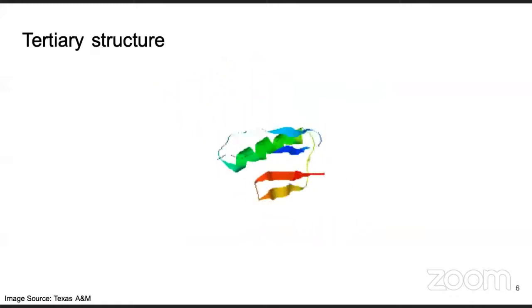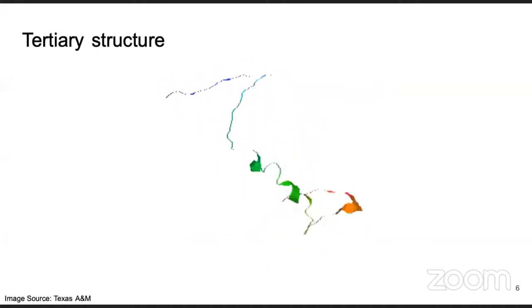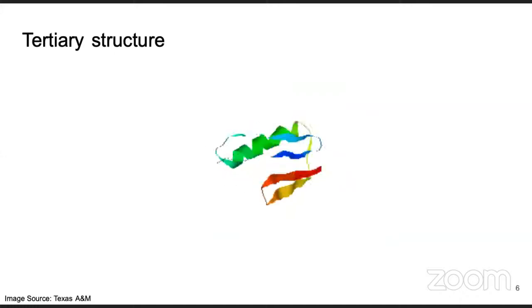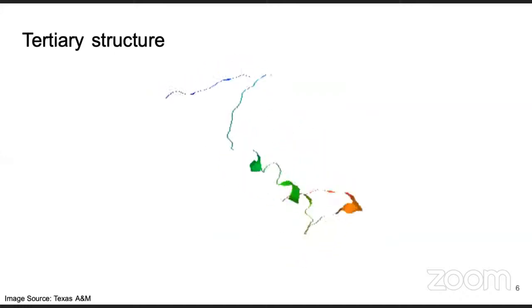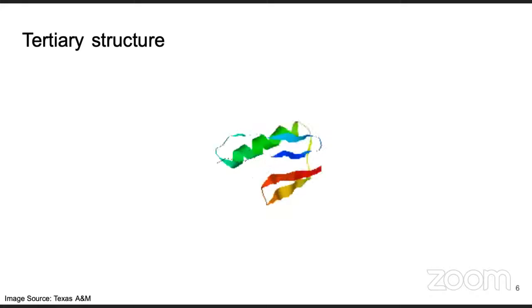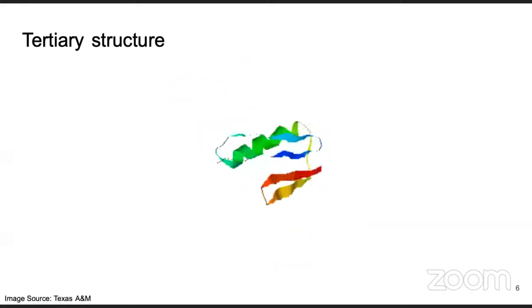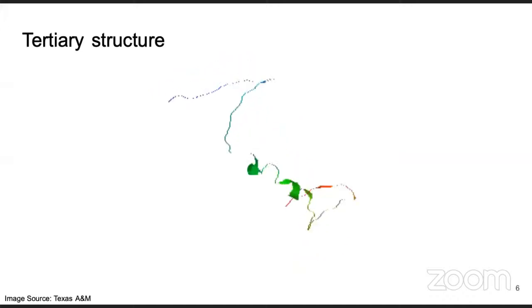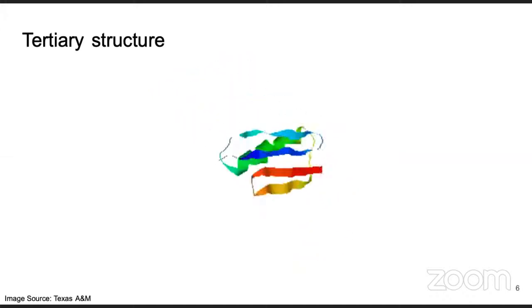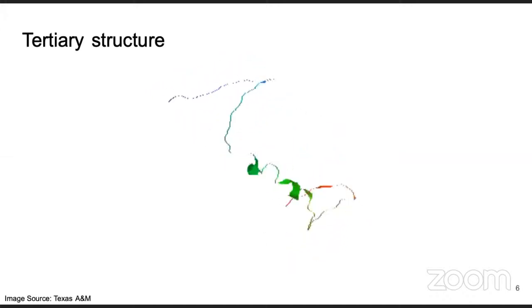It is because it is the final three-dimensional structure that will carry out whatever function is needed from the protein, right? So if the protein is not able to reach its final structure, it will not be able to carry out its required function.